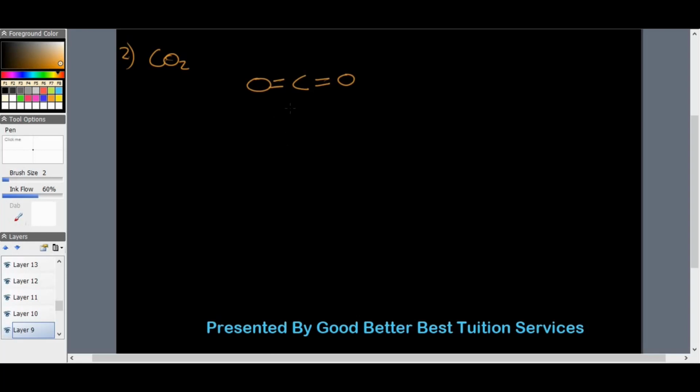The carbon dioxide molecule is known as a linear molecule as well. Although there are four bonding pairs in the valence shell of carbon, because of the double bonds, these will be in two groups. As we see here, there are two groups of bonding pairs. So there are four bonding pairs, but two groups of them, two on either side of carbon.